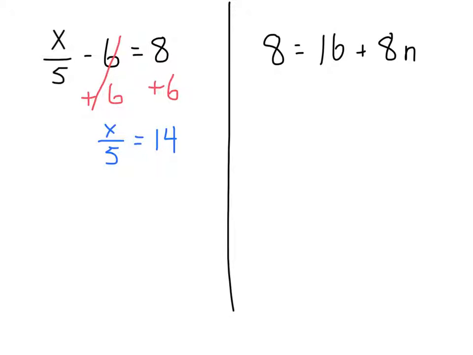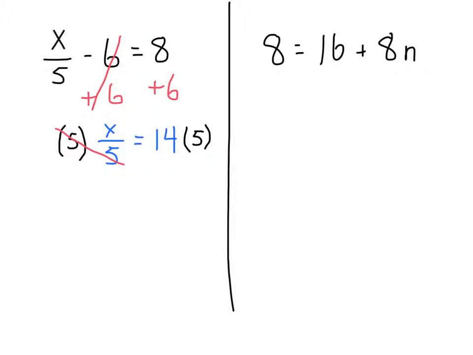So now since we're doing divided by 5, we're going to do the opposite of division, which is multiplication. So we're going to multiply by 5 on the left side, and then we multiply by 5 on the right side as well. So on the left side, the 5 and the 5 cancel out.